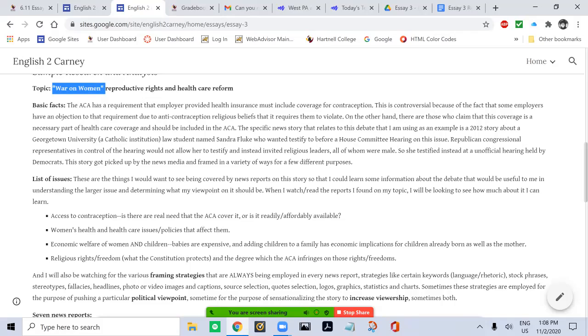The Democrats decided to call that a war on women, and that's framing, rather than just talking about these things objectively. Like in the state of Virginia, the legislature passed this law restricting access to contraception, and the governor signed it. Those are just facts about what happened.